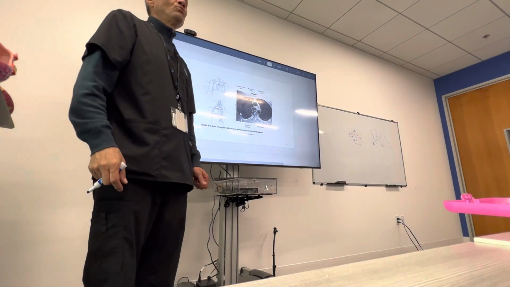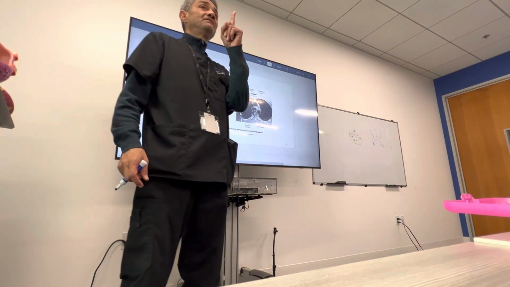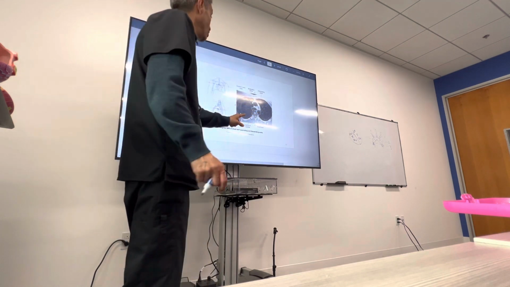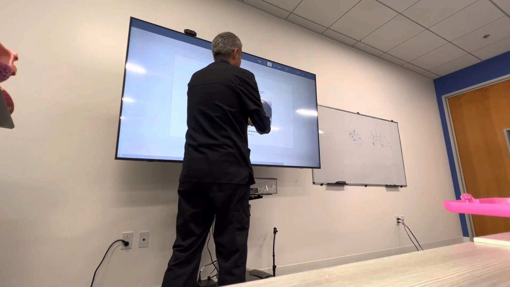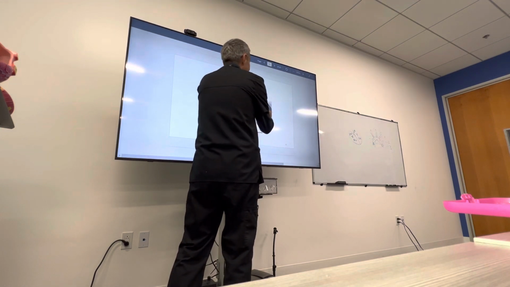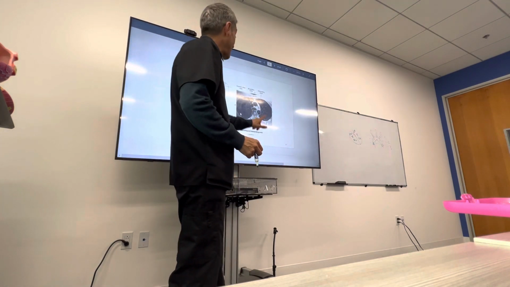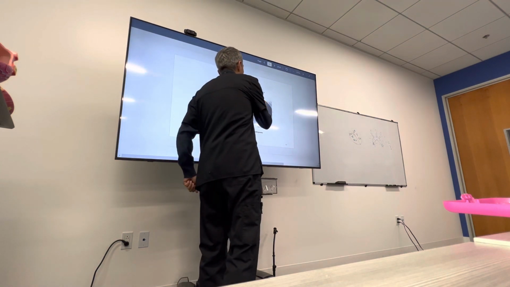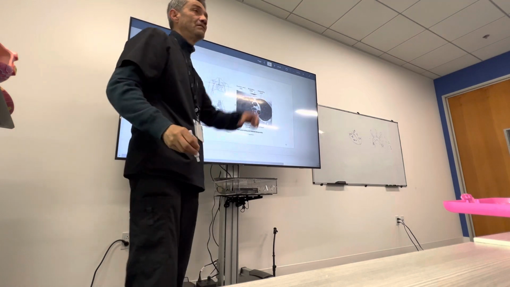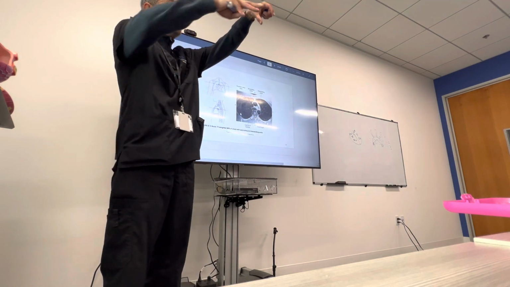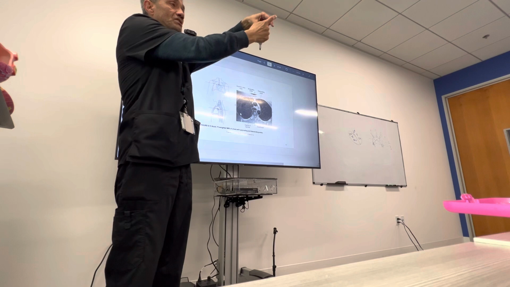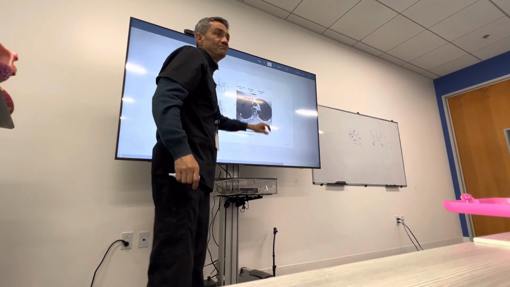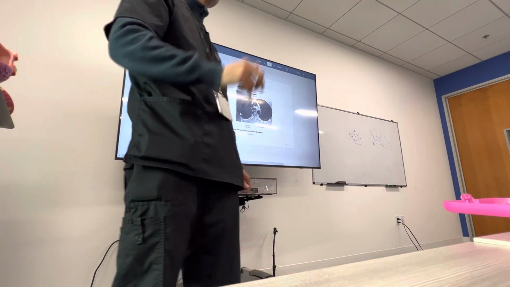Your descending aorta is always located and protected by the spine, the vertebra, slightly to the left. So if this is the spine, anterior slightly to the left of my spine is the descending aorta. I will move immediately anterior, and that will be my ascending. It's very simple. That's the way we are cutting. This part and this part I'm seeing. Use the descending because it's easier, next to the vertebra, slightly to the left.